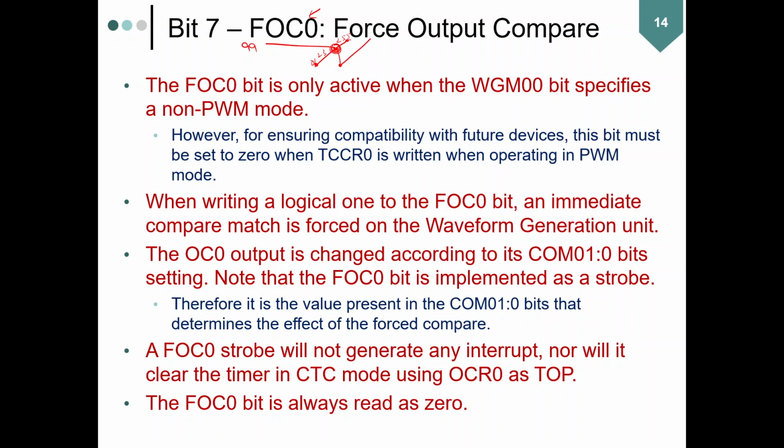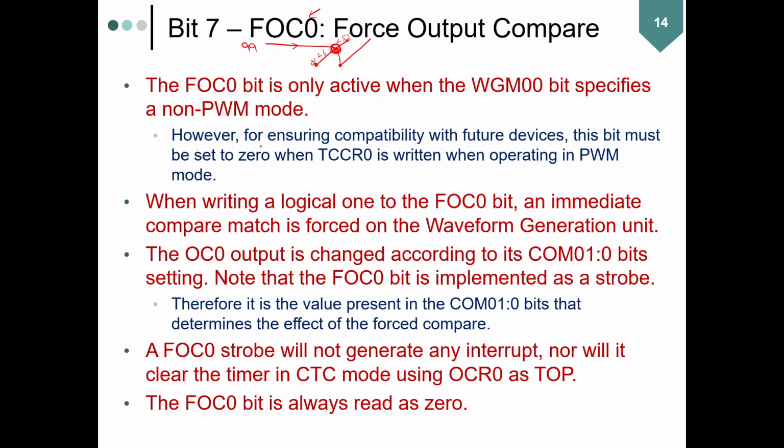And at this point, this is registered, and here if you want to take some action, you can take some action. So this is actually given to you as a capability: if you don't want to count all the way up to the compare value that you have given under certain circumstances, then just by forcing this bit to be equal to 1, you can ensure that the timer resets.